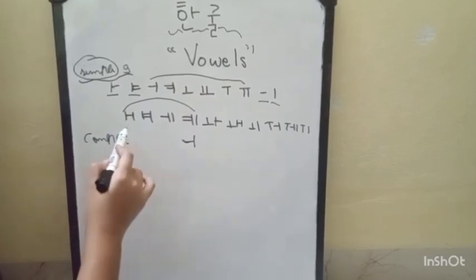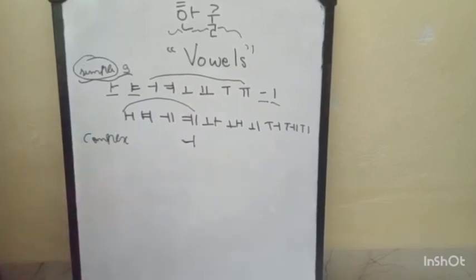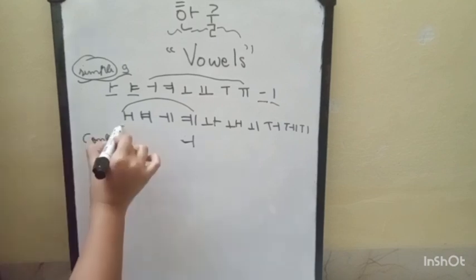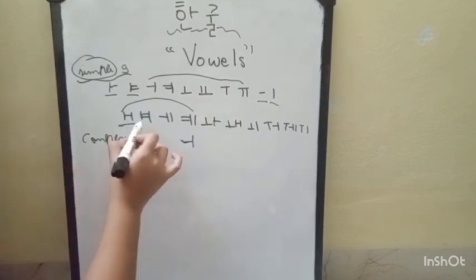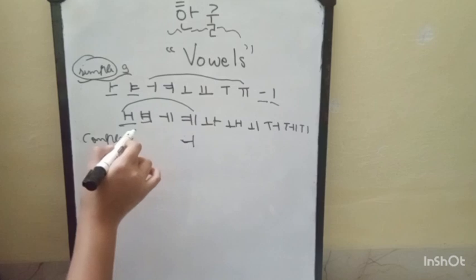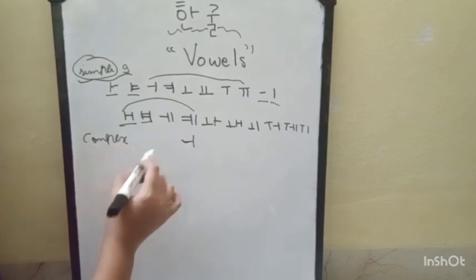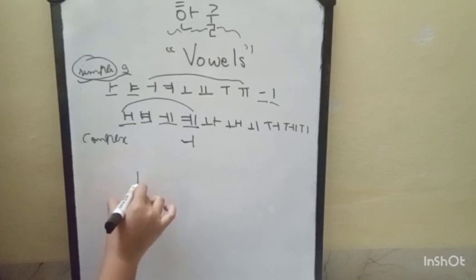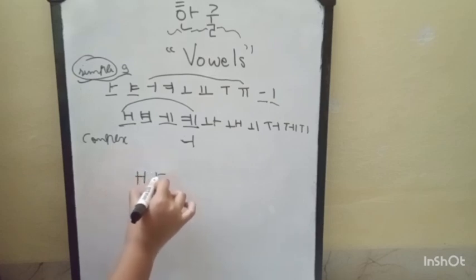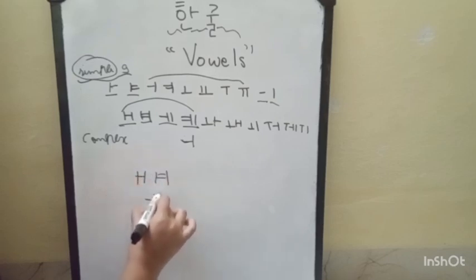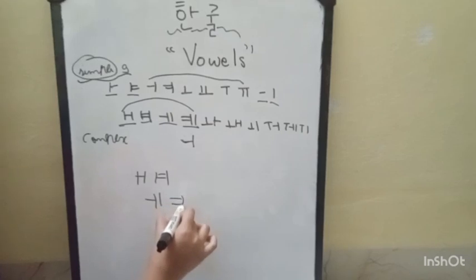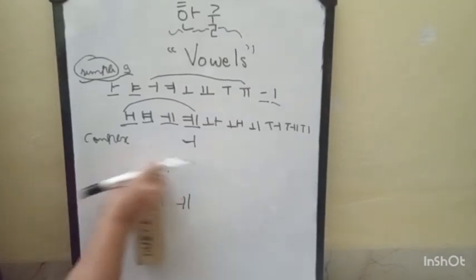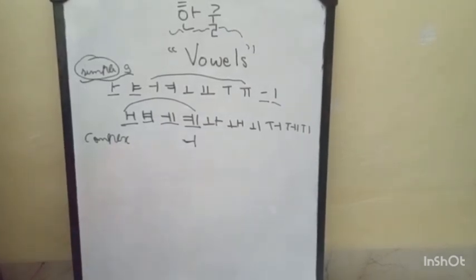This is A. What is it? A. This is Y. Now this is also A and this is also Y. Okay, so I don't think there will be any confusion.